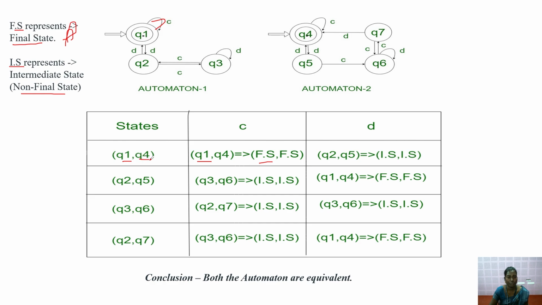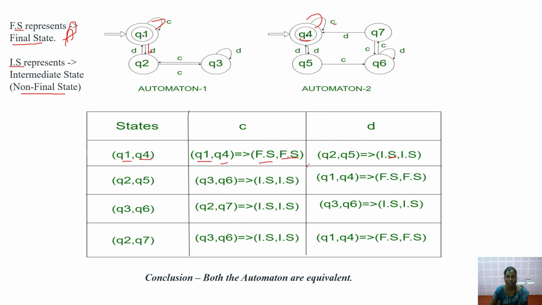Next, Q4 on input symbol C reaches a final state, so Fs. Next, D symbol, Q1 to Q2 on input symbol D moves to an intermediate state, Is.